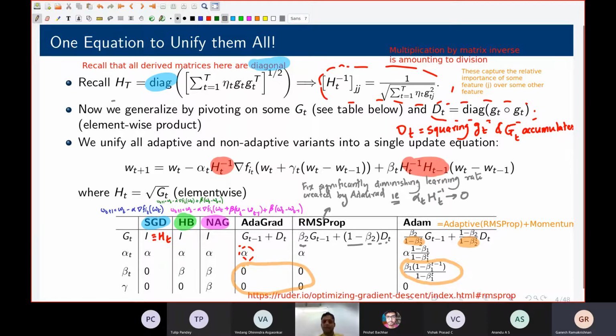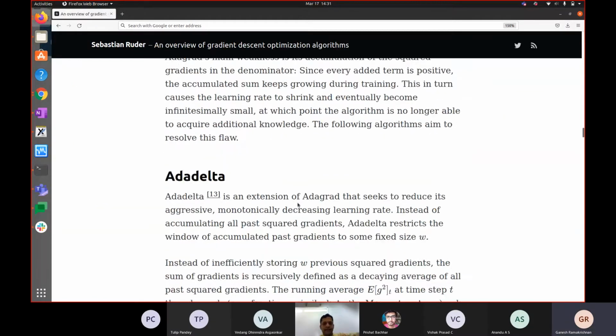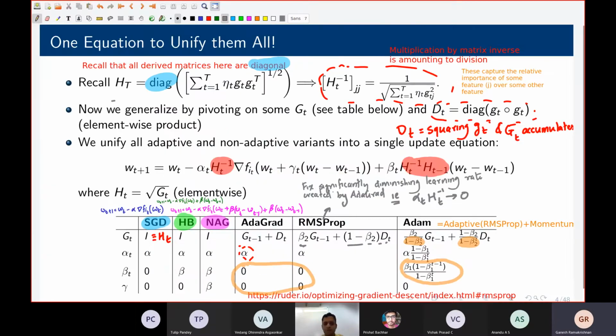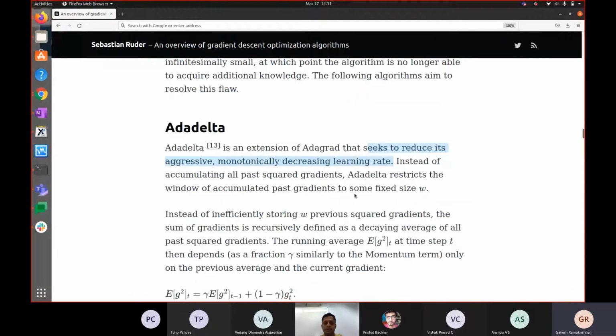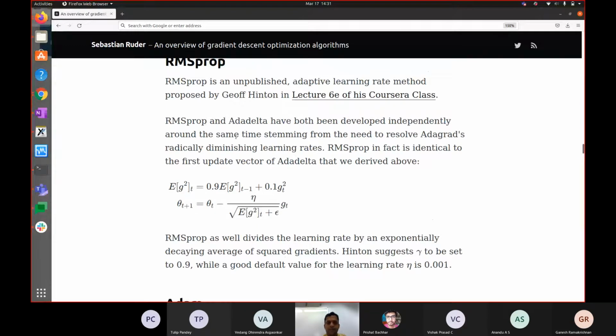That's the issue we are trying to fix. So Ada delta seeks to reduce the aggressive, monotonically decreasing learning rate of Adagrad. That's exactly what I pointed out. RMS prop also does that, but in a different way. These stem from the need to resolve Adagrad's radically diminishing learning rate. RMS prop has also the same issue.